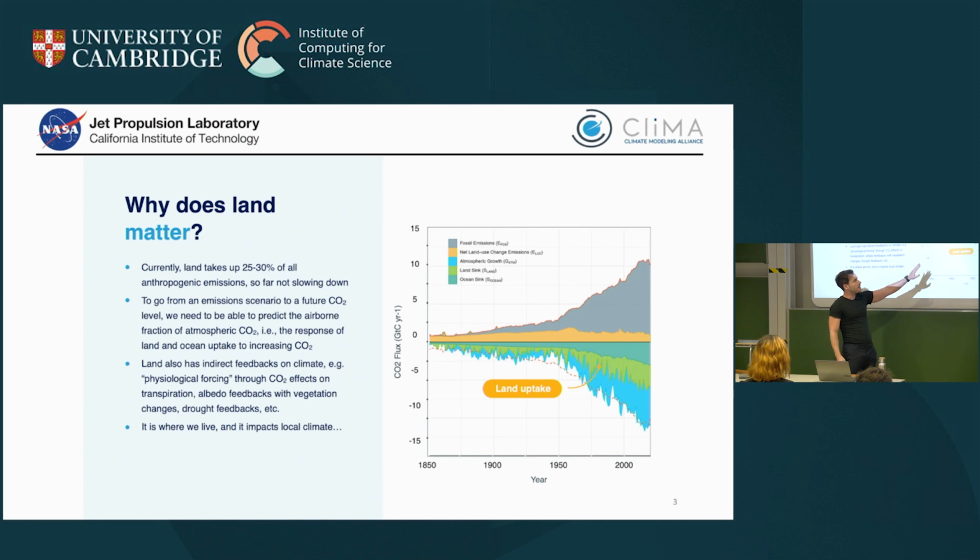But we can see that most of the interannual variability of the CO2 uptake is due to the land. So land uptake varies a lot, and we need to understand a little better why land CO2 uptake varies from year to year. Plus, we live here on land, so that's another reason for us to understand it better.